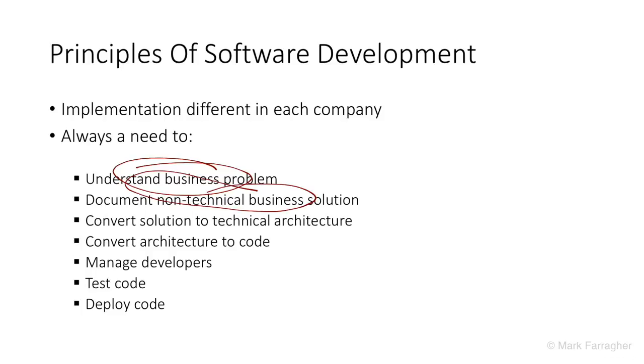Then there will be a person who converts the functional requirements into a technical specification. And this will be a very high-level specification. So basically a document that describes what kind of technical solution is going to be built, but without expressing it in code anywhere.